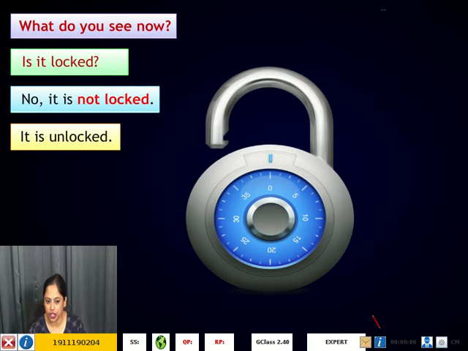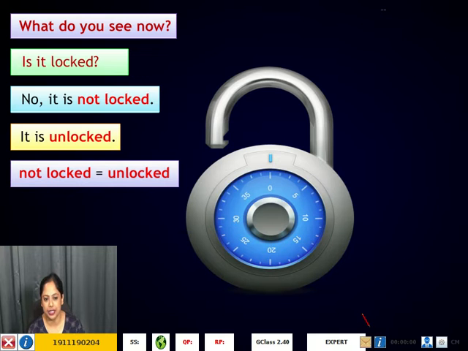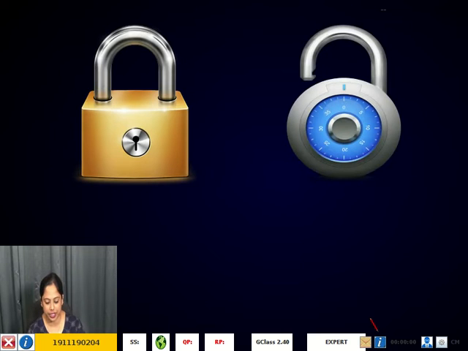Locked, not locked. And the term we use to describe the picture is, we say it is unlocked. UN, un. Now with this word locked, we have used a prefix which is UN. So the term here is unlocked. Not locked means unlocked. Unlocked means something which is not locked.